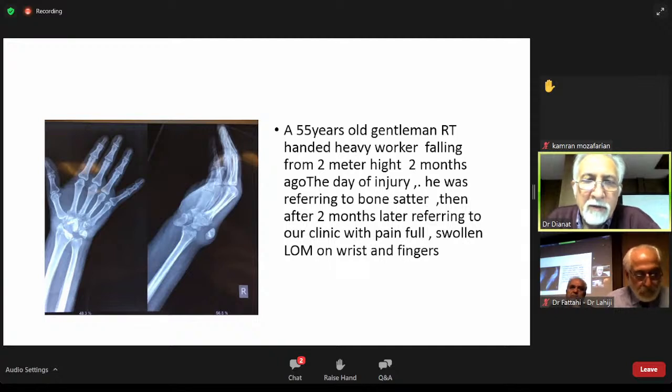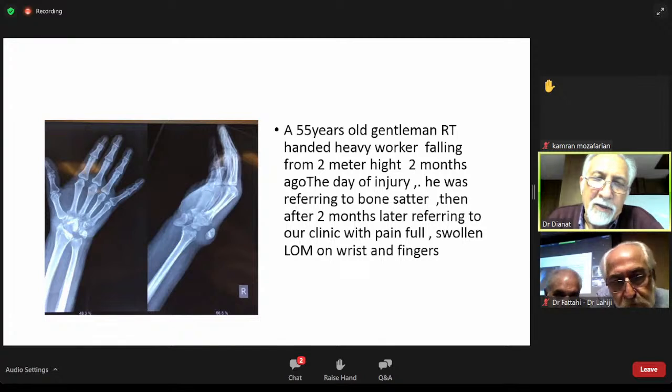Usually the lunate is dislocated on the volar side and the scaphoid on the dorsal, but this is reversed. The lunate is dislocated on the dorsal side of the wrist, and the scaphoid is dislocated on the volar side.